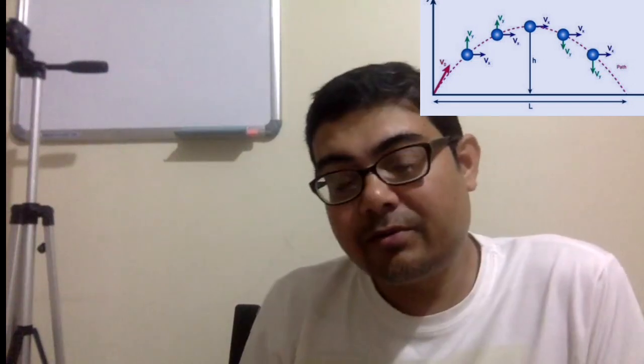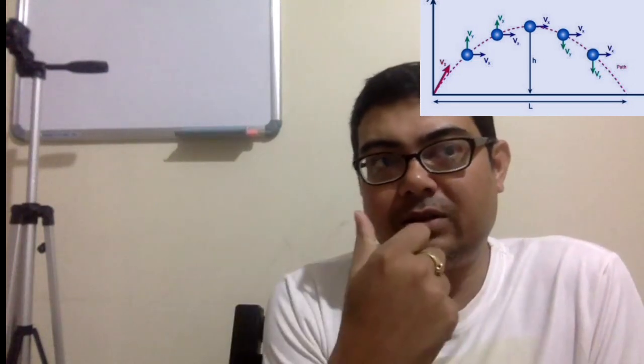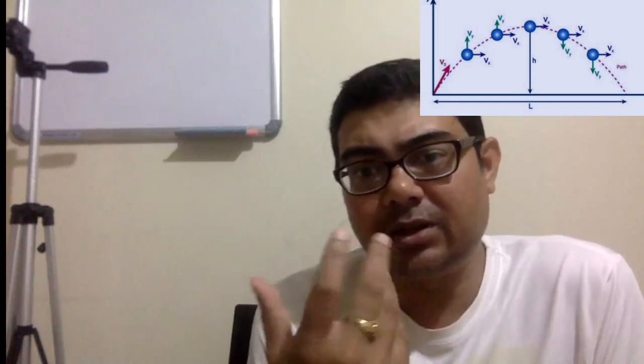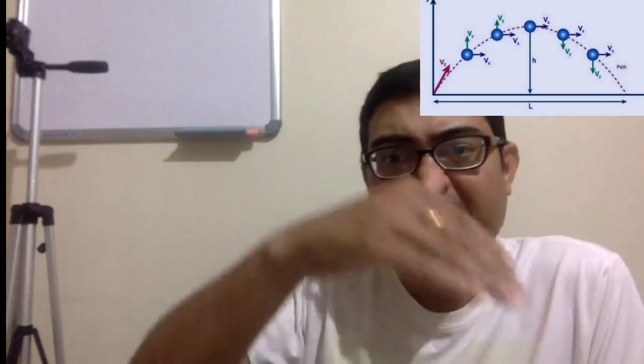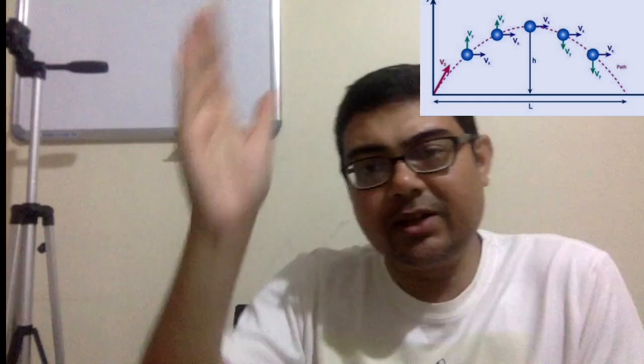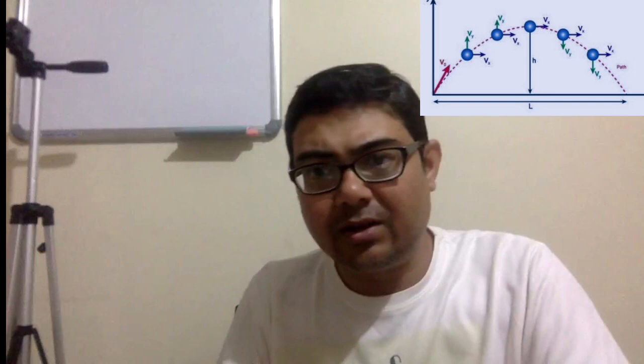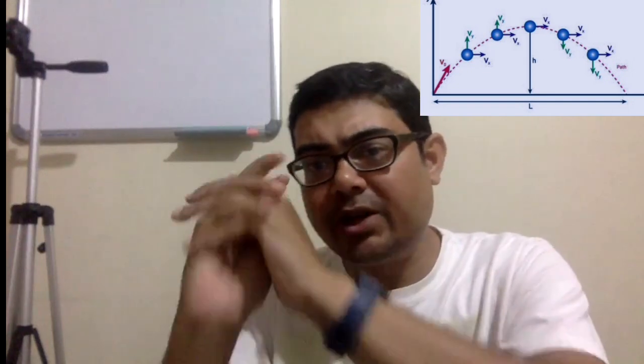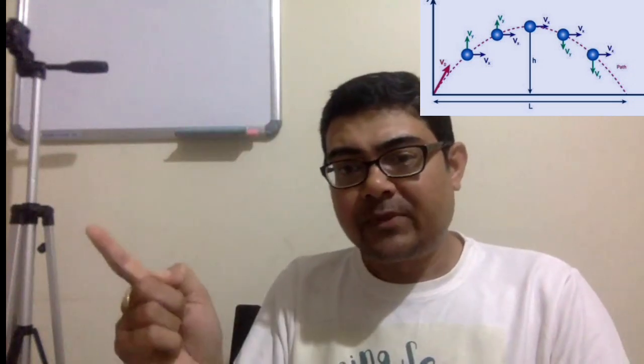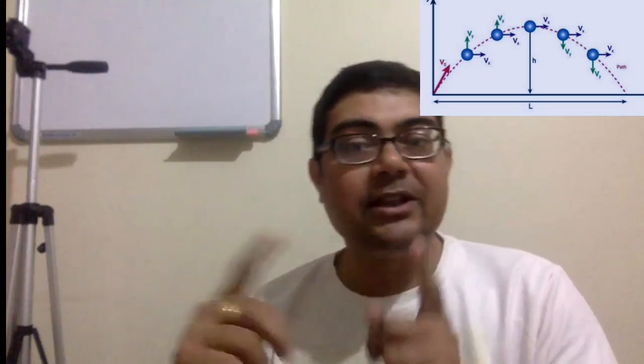Sometimes it is also important to identify the nature of the projectile motion. So it is parabolic, right? The water fountain, or the football that is kicked, or the ball that hits a six over the boundary, whatever, it moves in the air, so it is parabolic. Parabolic path means, what is the equation we know?